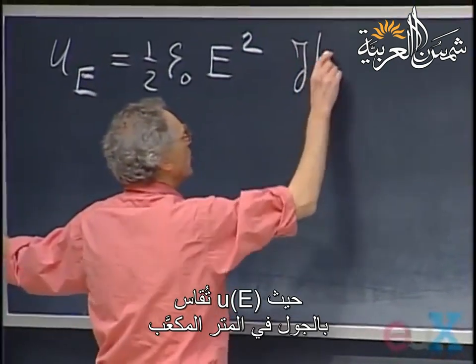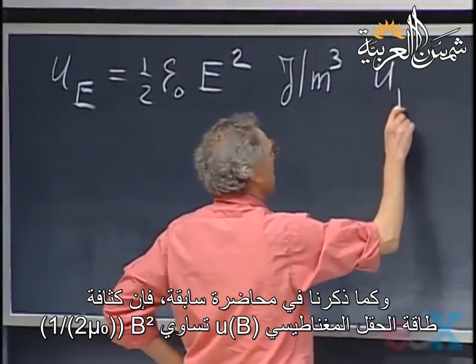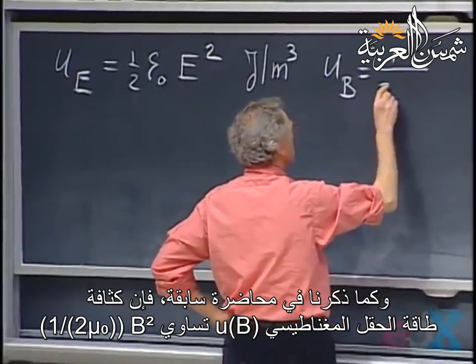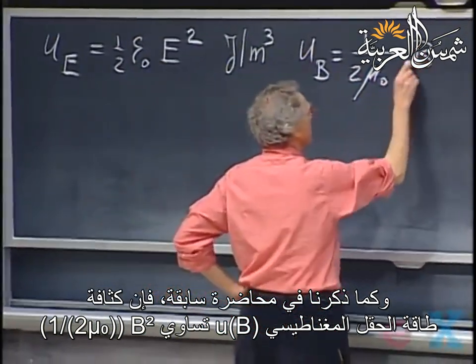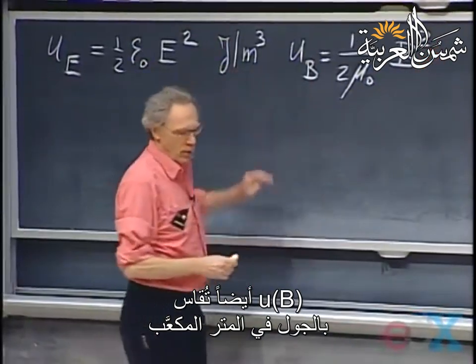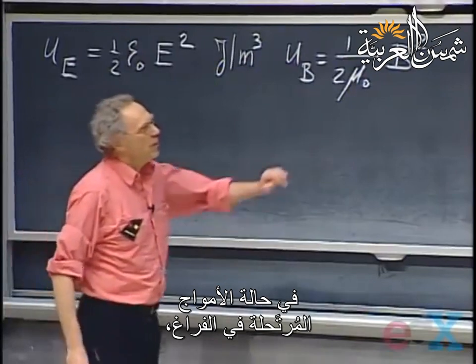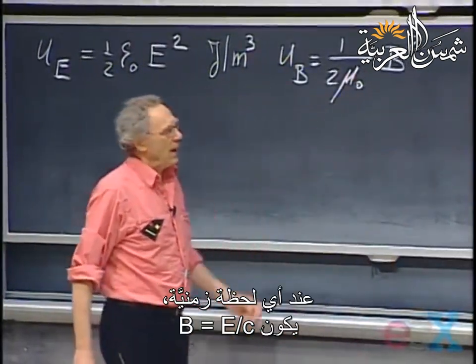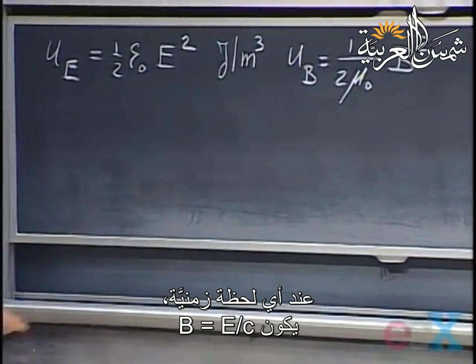This is now in joules per cubic meter. And the magnetic field energy density, which also has come up earlier in the course, is 1/2 mu 0 times B squared. Again, joules per cubic meter. Now, when we deal with traveling waves in vacuum, at any moment in time, the magnitude of B is E divided by c.